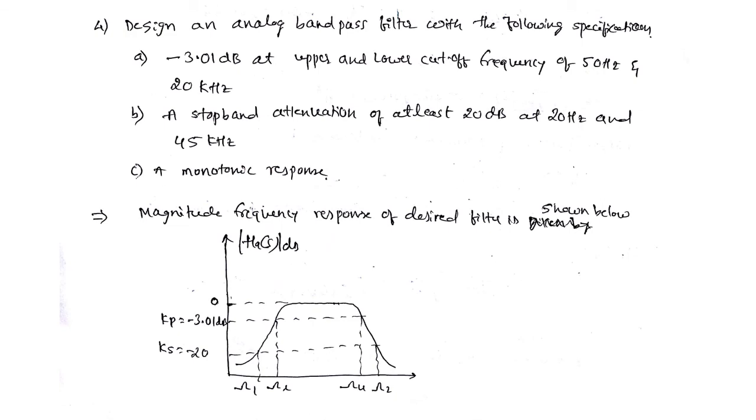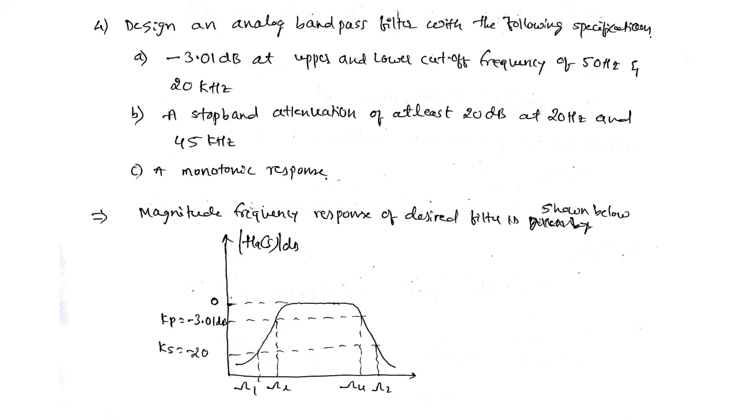Let us take one more example. Design an analog band pass filter with the following specifications. Minus 3.01 dB at upper and lower cutoff frequencies of 50 Hz and 20 kHz. A stop band attenuation of at least 20 dB at 20 Hz and 45 kHz.